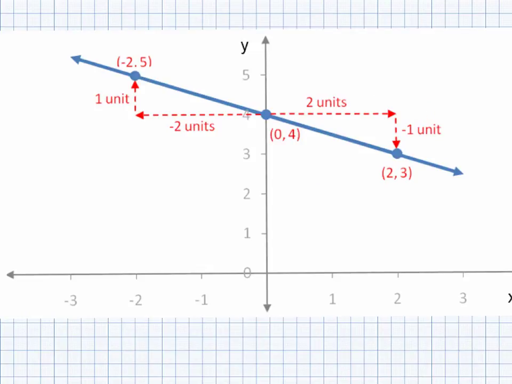And then the line that was plotted, over here, the coordinates are -2 and 5, and over here it's just 2 and 3. And with your line that goes through the y-intercept, on both sides, over here it goes up 1 unit, and over here it goes down 1 unit.